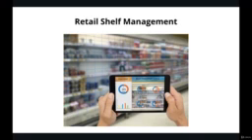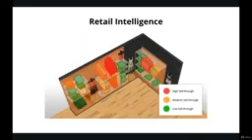This gives a very good view to the person who's managing that floor or shelf, and they can automatically reorder from their own inventory, or they can order on the tablet from the main warehouse so they can get those products in time, so that their shelves are not empty. So this is a very interesting application.